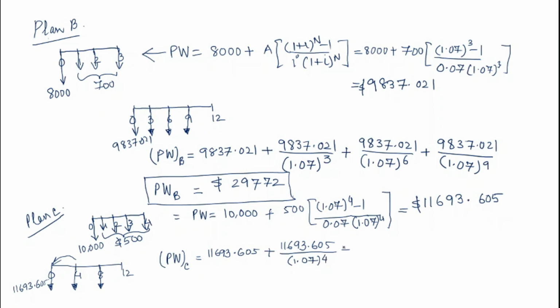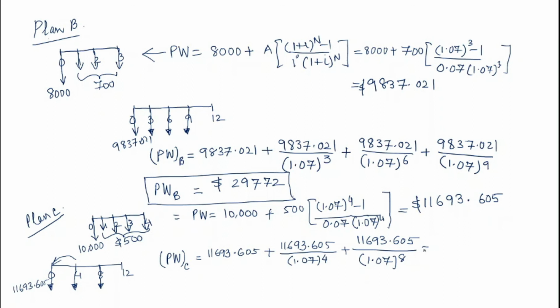Then we have another term for the transaction at the end of the 8th year: 11,693.605 divided by 1.07 to the power 8.